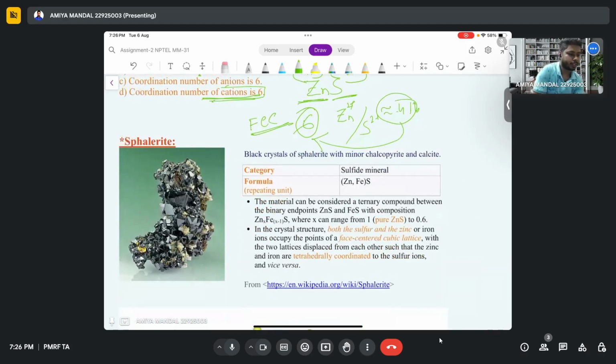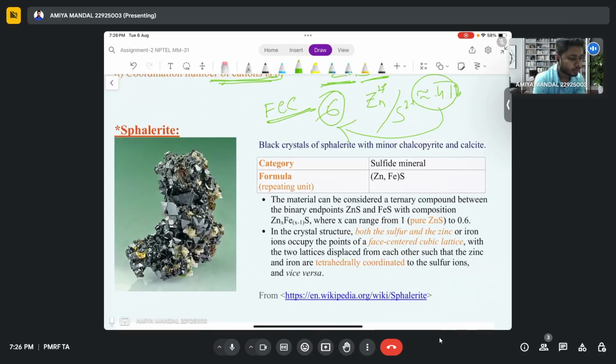I have collected the sphalerite figure from Wikipedia, and this is the sphalerite structure. If you observe clearly, you can see this type of crystalline structure present here. This is a sulfide material, ZnS, and iron is also there.